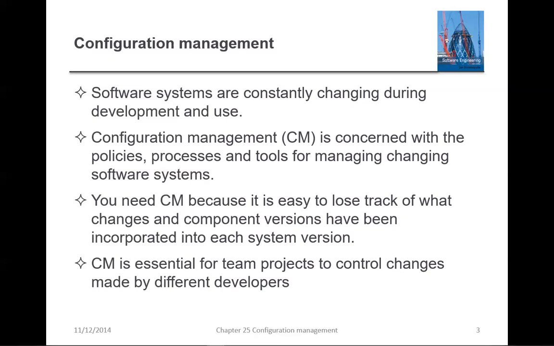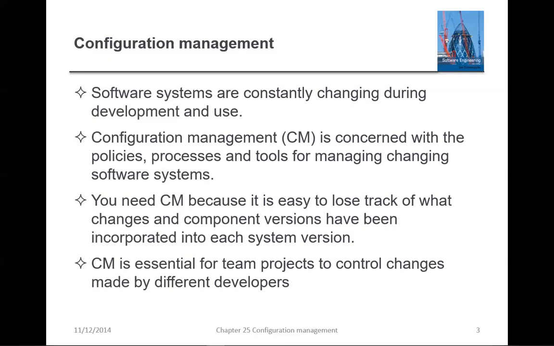If you don't have effective configuration management procedures in place, you may waste effort modifying the wrong versions of a system, delivering the wrong versions of a system to customers, or forgetting where the source code for a particular version of the system or component is stored. Configuration management is useful for individual projects as it is easy for one person to forget what changes have been made.